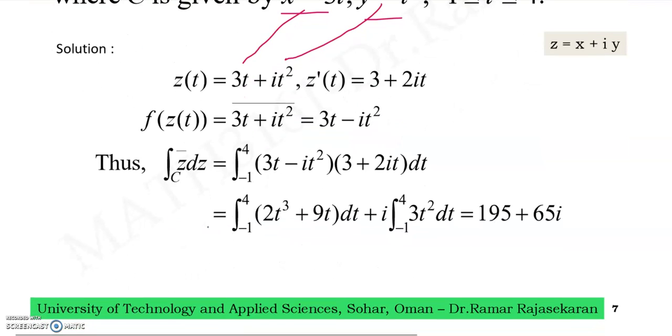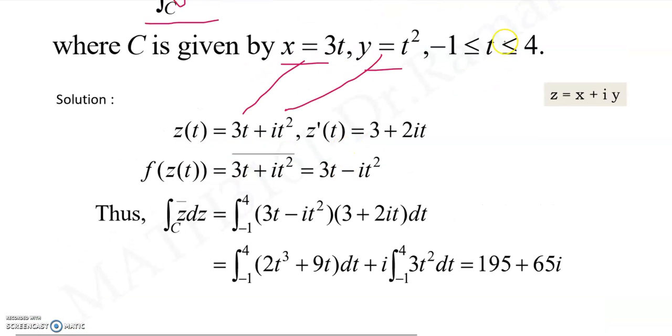Then, to find the given integration, this is equal to the integral with the given limit, minus 1 to 4, given in the question. Substitute f of z of t and z dash of t, which we have calculated, and multiply by dt.